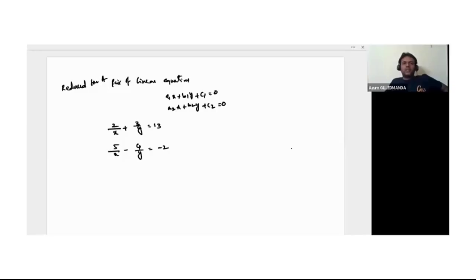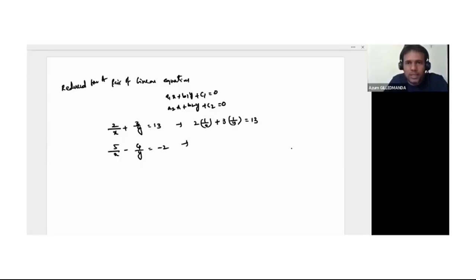In this case, we just need to use a simple trick. If we closely observe, the x term in the first equation is 2 by x, and in the second equation, it is 5 by x. So can I say 1 by x is common in both? What I'm saying is, can I write this equation as 2 into 1 by x plus 3 into 1 by y as 13?